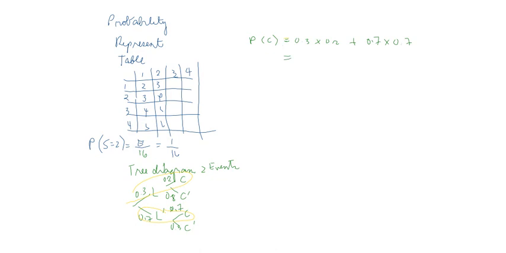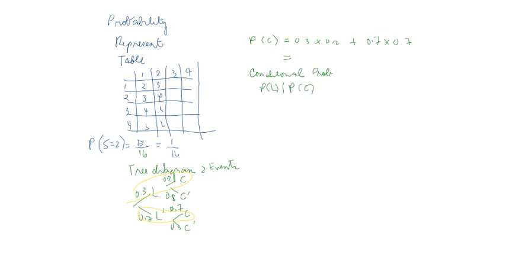Okay, and then from here you can also be asked to get a conditional probability. Okay, let's say, what's the probability that you are late, given that you use your car?